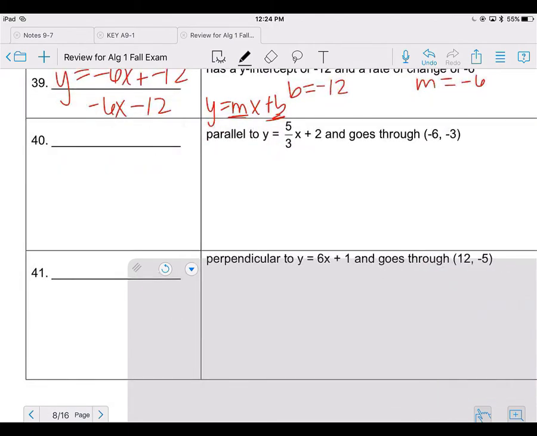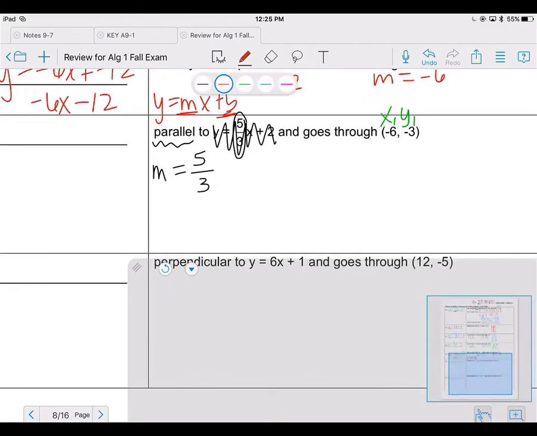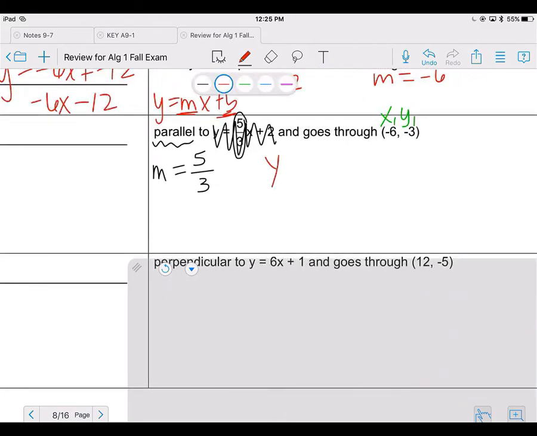4D wants something that is parallel to 5/3 x plus 2 and goes through the point negative 6, negative 3. So parallel means we steal the slope and we are done with that line. Now I have a point, x1, y1, so because I have a point and a slope, I am going to plug into point slope.